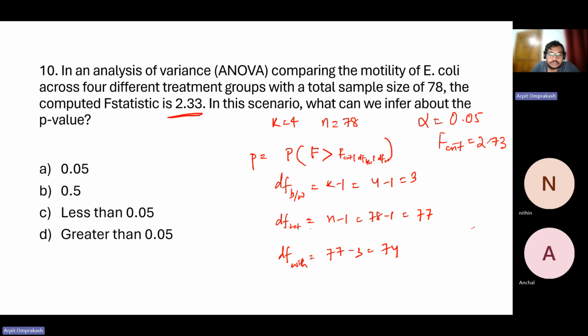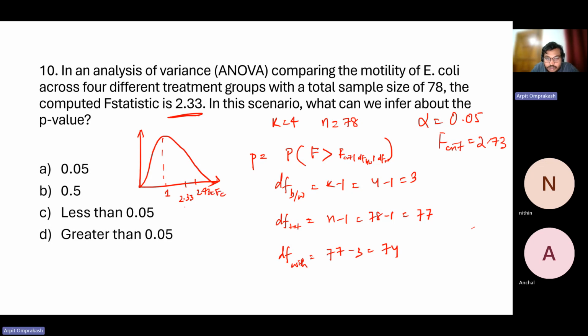What this means is if you draw an F distribution, which looks like this, the peak here is 1. We have our F statistic, which is 2.33, and our F critical is 2.73.